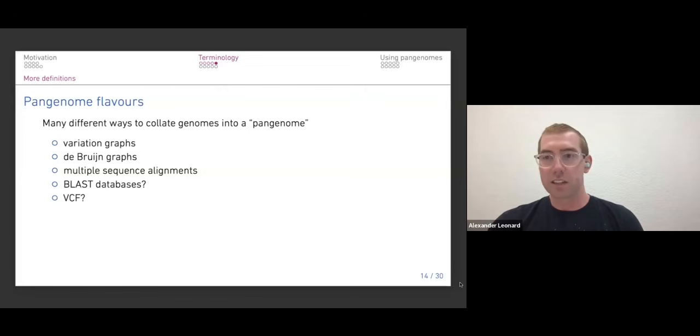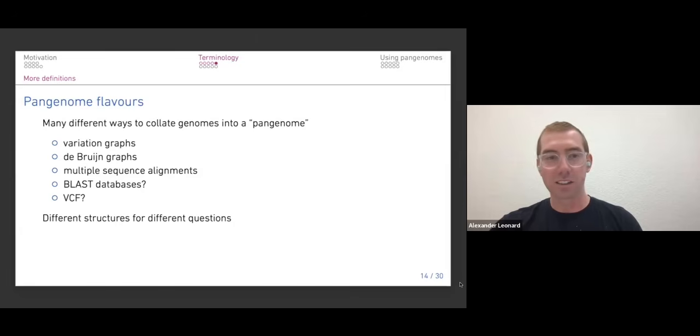You can even consider just a VCF file, which contains variation across a set of samples, as some type of pangenome. Certainly some downstream tools that we'll cover later can take a VCF file in to build a pangenome. So it really depends on who you're talking to and what their background is, for what people consider a pangenome to be.